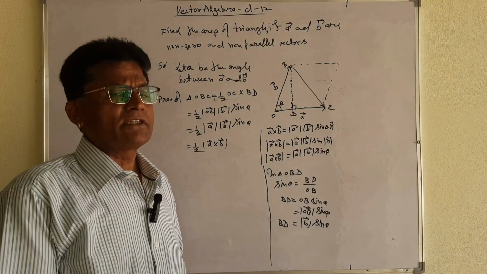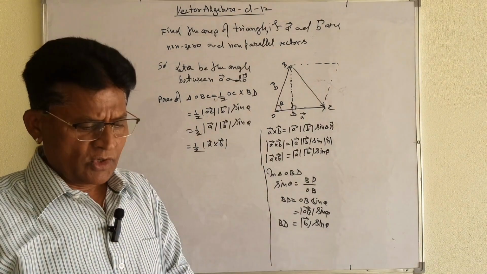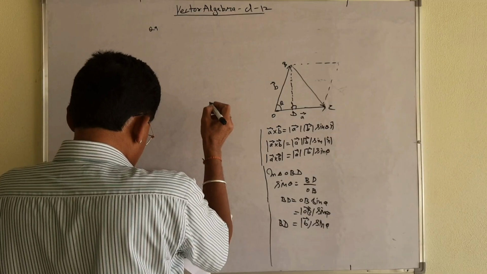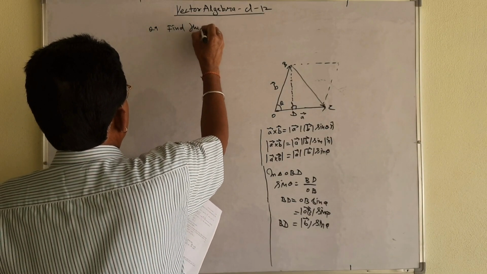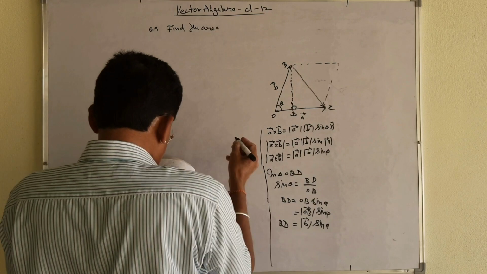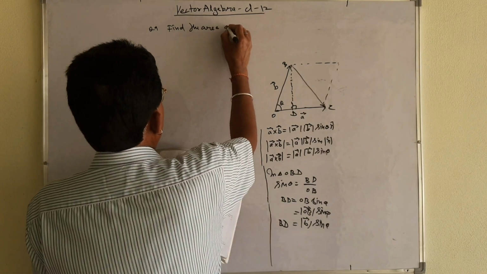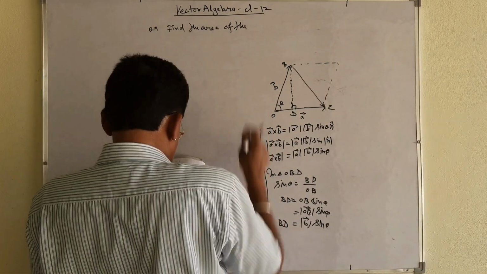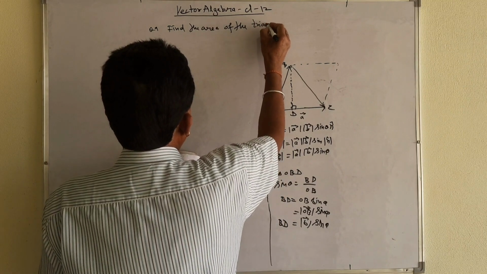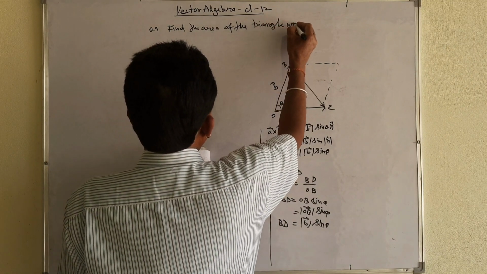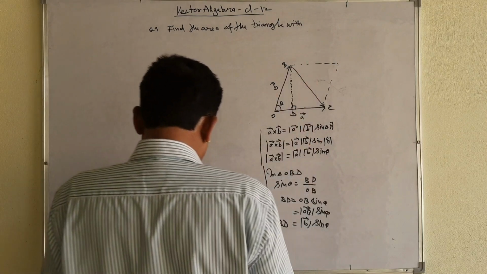Okay, let me take the question from your book, which is: find the area of the triangle with vertices.